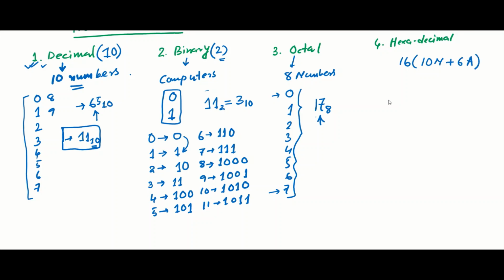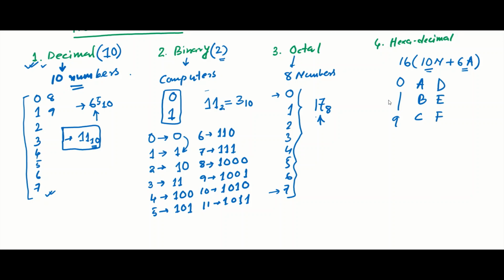Let me list all of them. The 10 numbers are the numbers from 0 to 9. What about the characters? It will use the characters A, B, C, D, E, and F.